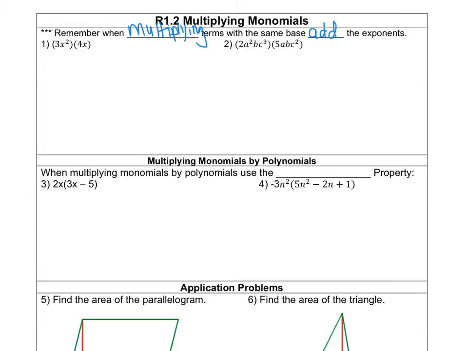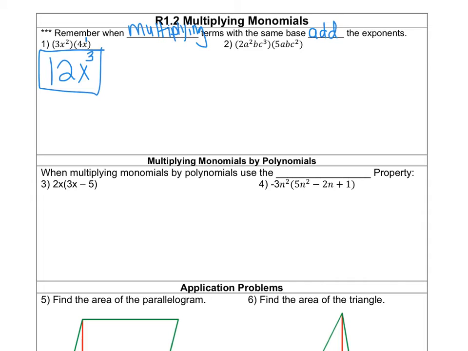So if we're multiplying 3x squared times 4x, we need to multiply the numbers 3 times 4, which is 12. And then you add the exponents on the variables. So since this is x to the second power, and this is x to the first power, we would add those two together and get x to the third power. So 3x squared times 4x is 12x cubed.